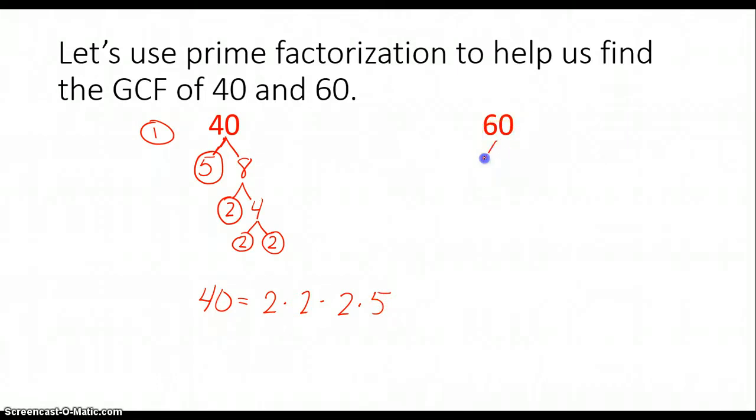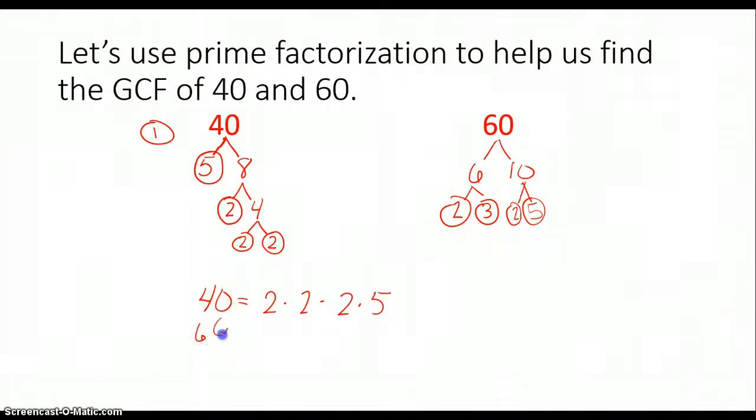I'm going to do the same thing with 60. 60 can be broken down into 6 times 10. 6 is composite, so I can break that down into 2 times 3. 2 and 3 are prime, so I'm going to circle those. 10 is composite, so that can be broken down into 2 times 5, and those are both prime. So I'll circle those as well.